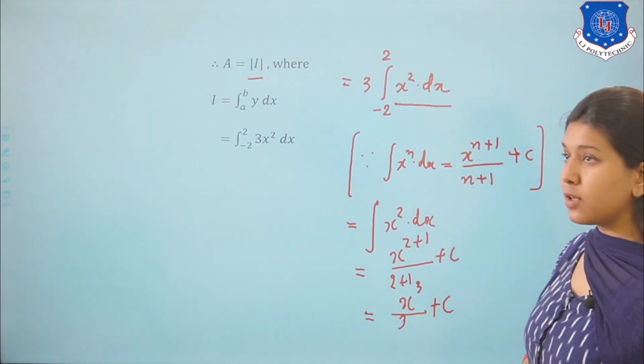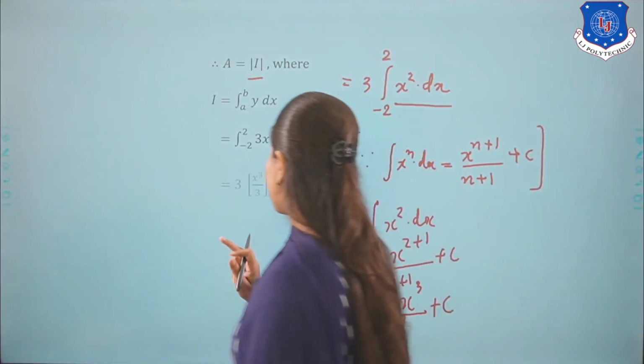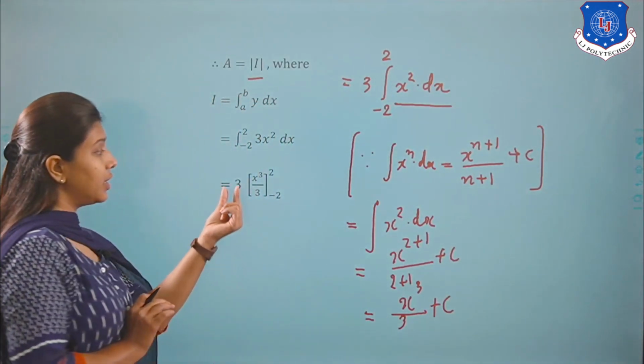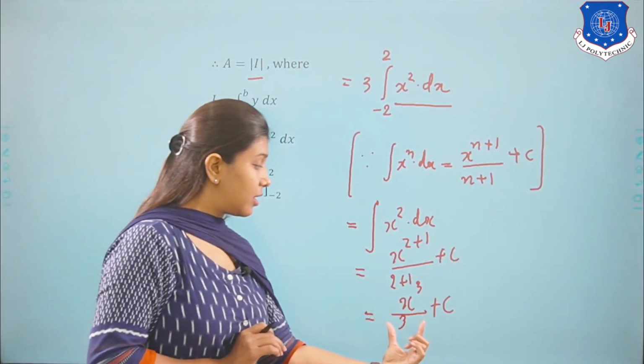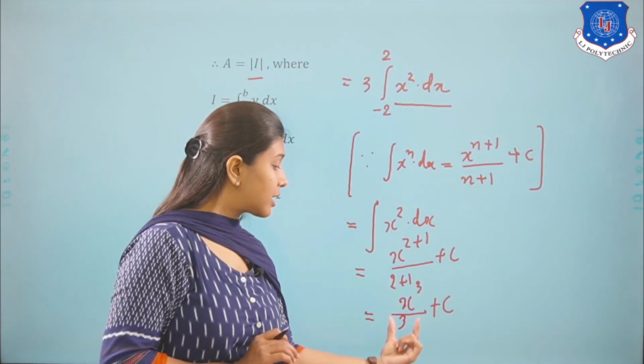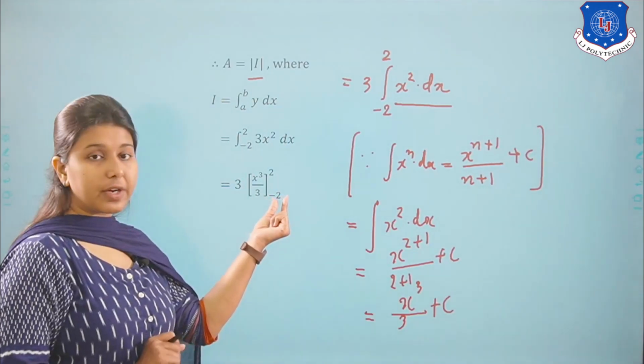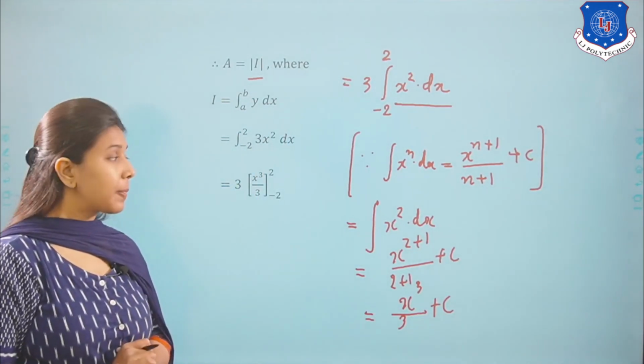Using this term, we can solve this as 3 as a constant and integration of x square. Using this, we have x cubed by 3 and your range is minus 2 to 2.